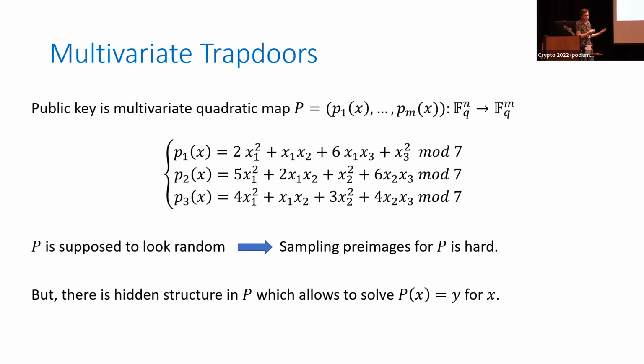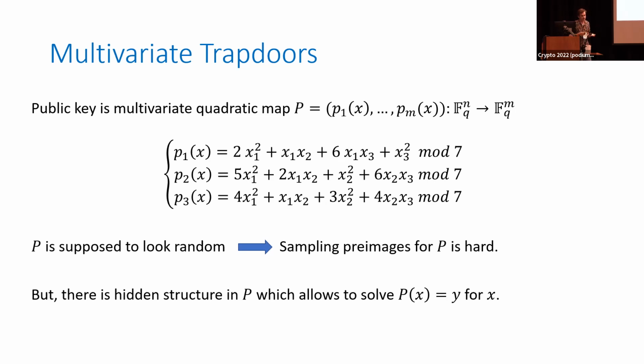You can evaluate this function very easily. You just plug in your values and evaluate the function. And the idea is that this map looks random, and for random maps, we believe that finding pre-images is hard. But actually, there's some hidden structure, and if you know the structure, then you can sample pre-images for these maps efficiently.